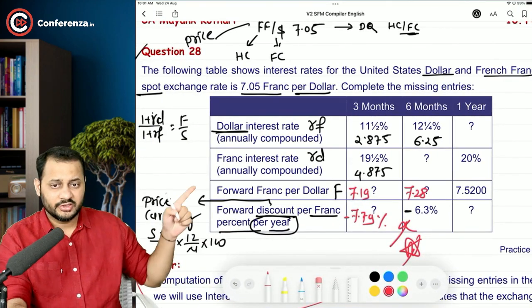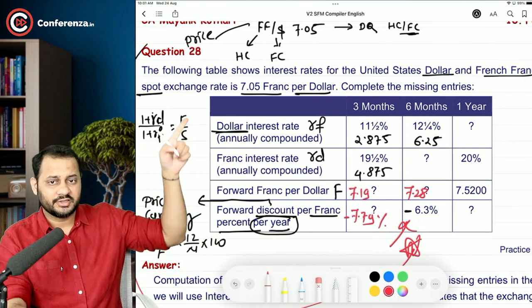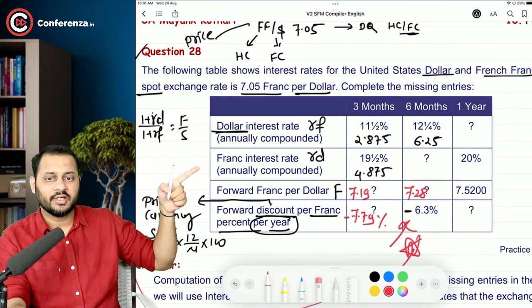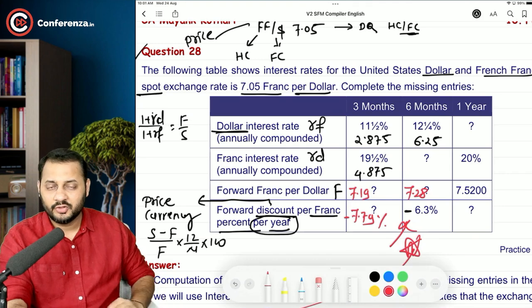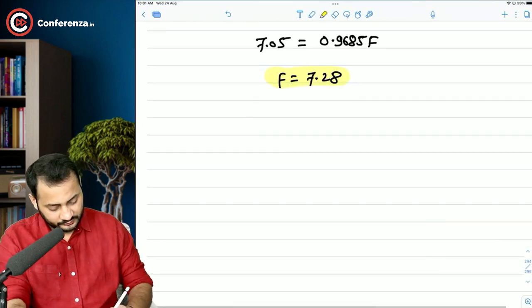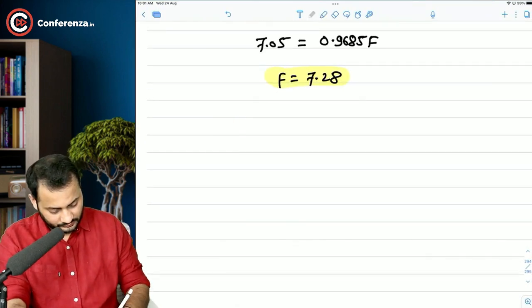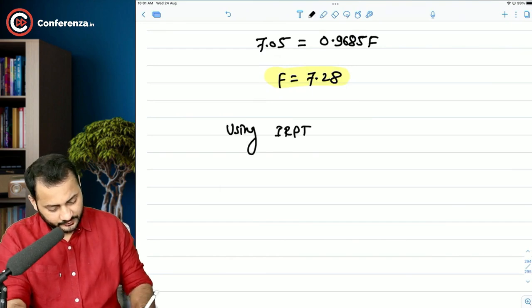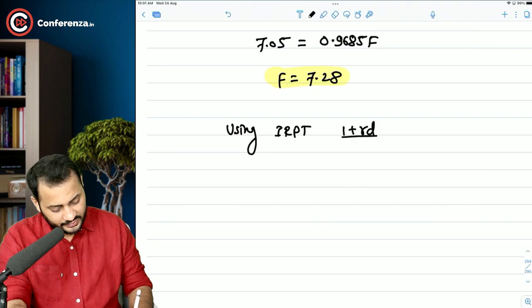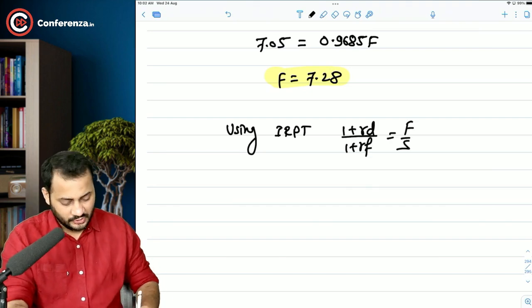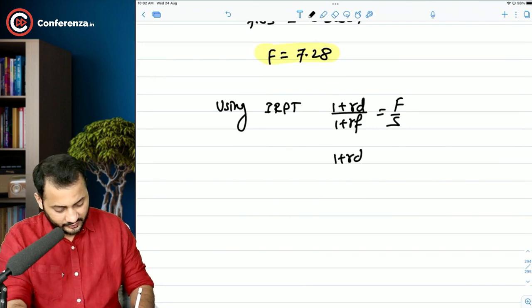Now with the help of this forward rate, dollar interest rate and spot rate, you can calculate the franc interest rate using IRPT. See, using interest rate parity theory, (1 plus RD) by (1 plus RF) is equal to F by S. What is the RD? That is what we have to calculate.